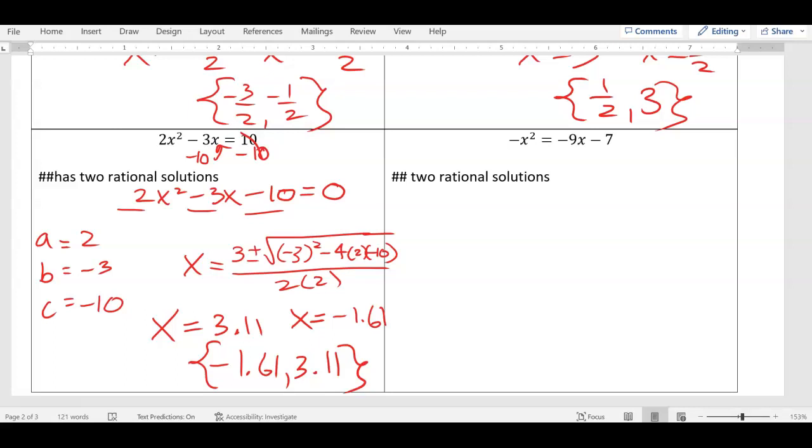Now, last one. This needs to equal 0 again, okay? Right now, it does not equal 0. So what we can do is move both of these terms. Get rid of the minus 9x with the plus 9x. Get rid of the minus 7 with the plus 7.